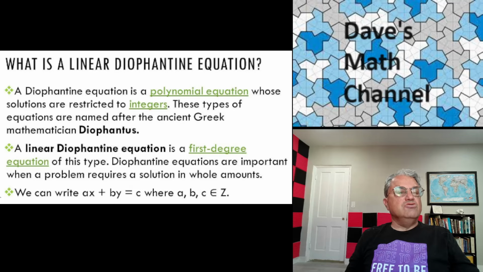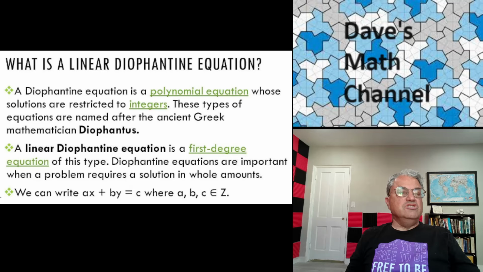So it's a polynomial equation whose solutions are restricted to integers. That's all it is. And they're named after a Greek mathematician Diophantus who lived in the third century A.D. He was the first mathematician we know of to consider these equations. That's why they have his name, Diophantine equations.